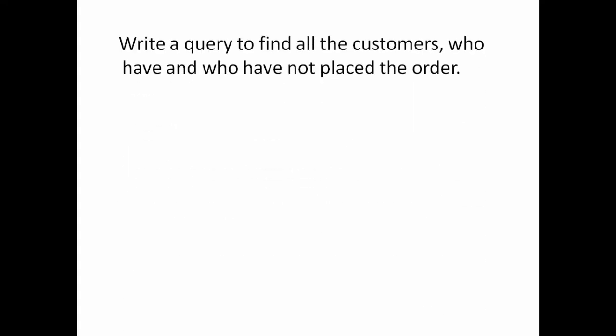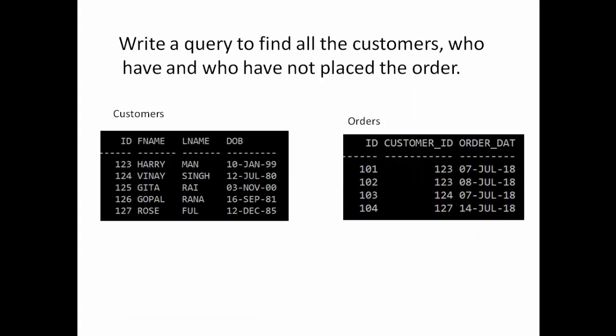Now again let's consider the same example. So what do you think? Before using left and right join, I would like to ask you, which table is the required table? Do you think it's the customer table, or do you think it's the order table?